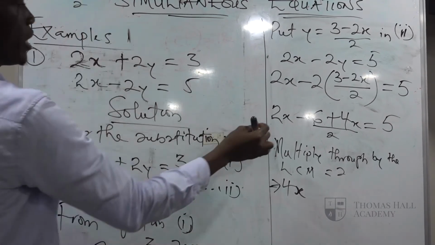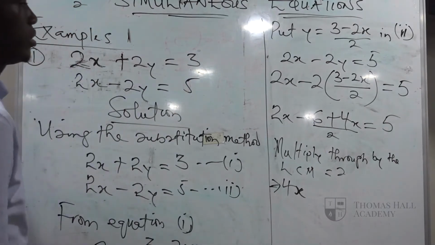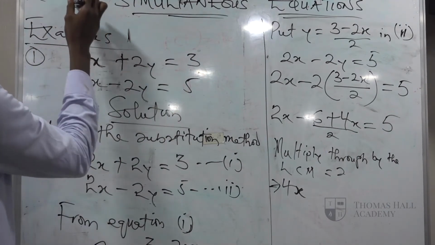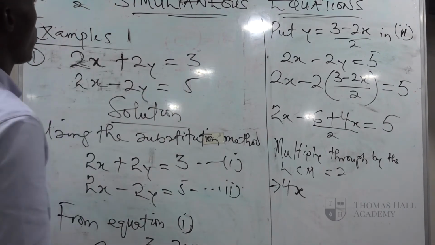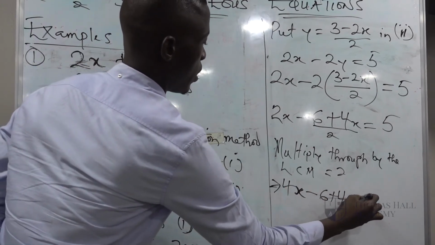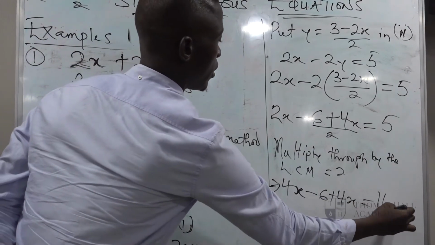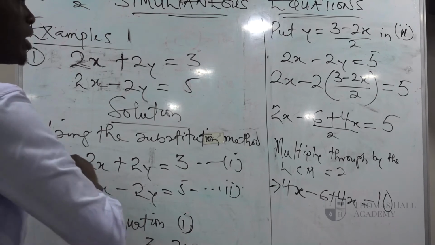We are using the LCM, which is 2, to multiply this, and to multiply that. So 2 cancels 2, we are left with minus 6 plus 4x. Minus 6 plus 4x equals 2 times 5, which is 10.